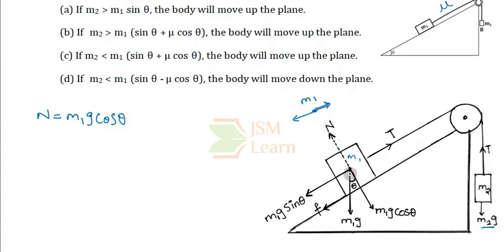So supposing that this block M1 is moving upwards, it will move upwards if this tension, which is equal to m2g, is greater than m1g sin theta plus the frictional force.